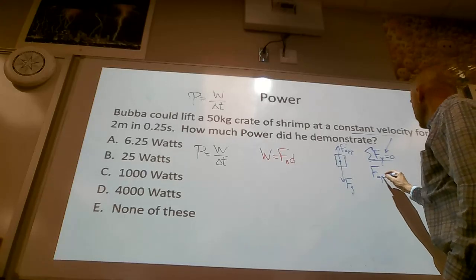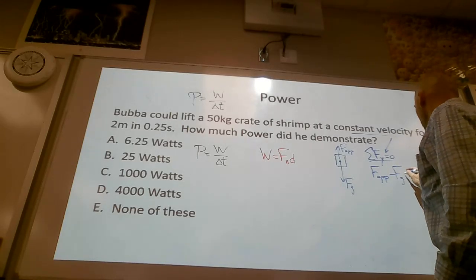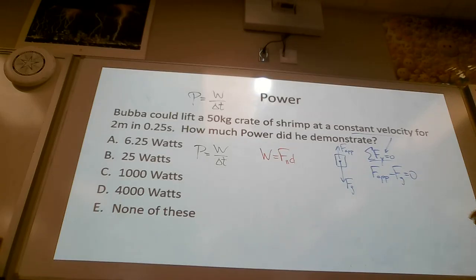So from that, you know that your applied force is going to be equal to your weight. And to find your force of gravity, you're multiplying by 9.8. In this case, we'll multiply by 10, just to keep it easy. So 50 kilograms times 10 meters per second squared.